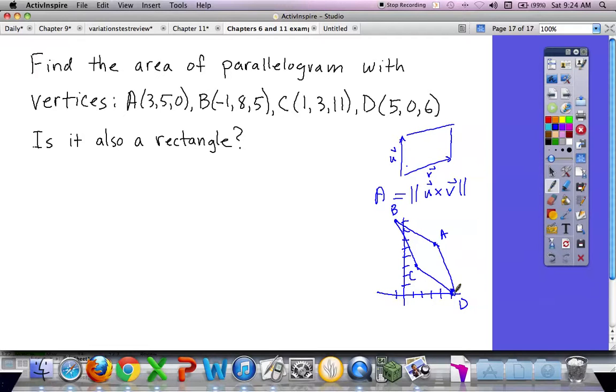Even if it didn't quite look like a parallelogram, the fact is we know that it actually has another coordinate, which is like out of the board or into the board. But that's all right. For my purposes now, all I really need are two vectors in component form. So let me do that. Let me start. The D is 5, 0, 6.